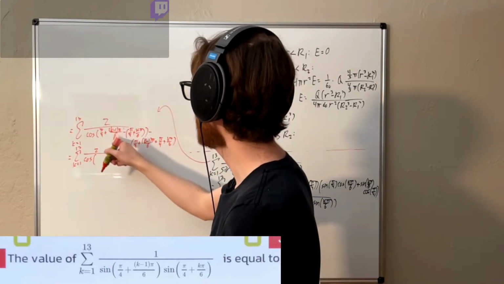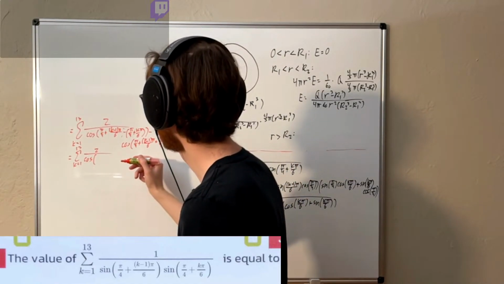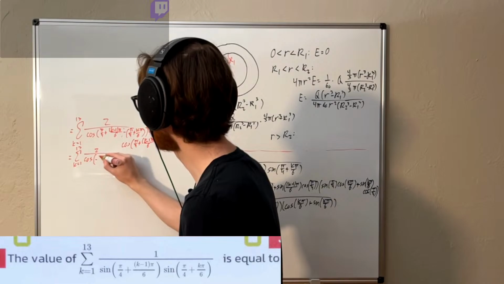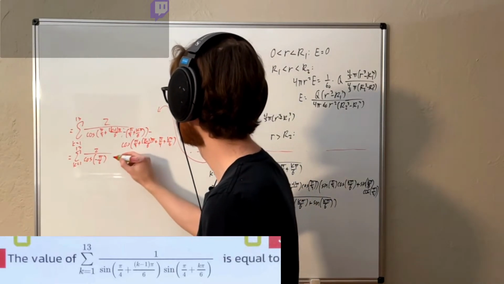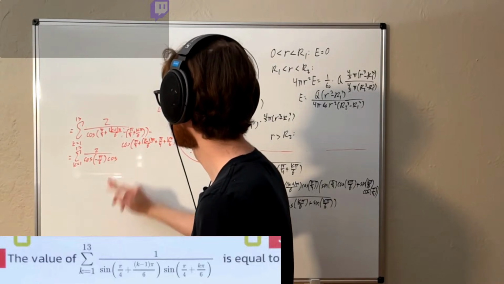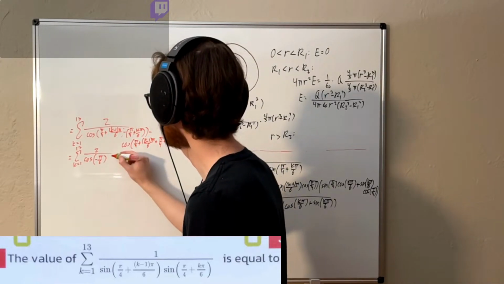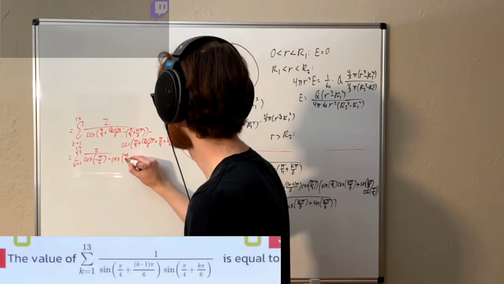We do get k pi over 6 minus k pi over 6. Wow, because actually this first cosine, it simplifies just to minus pi over 6. That's kind of amazing. The second cosine is not going to be nice, though.